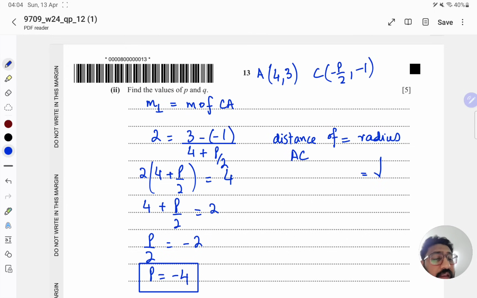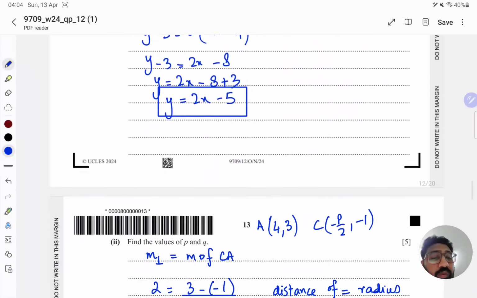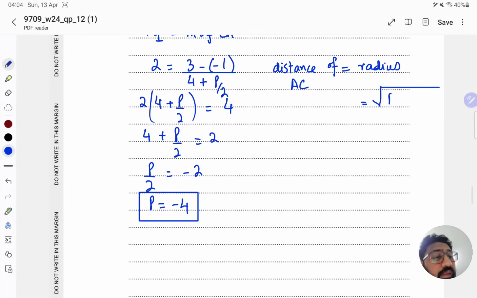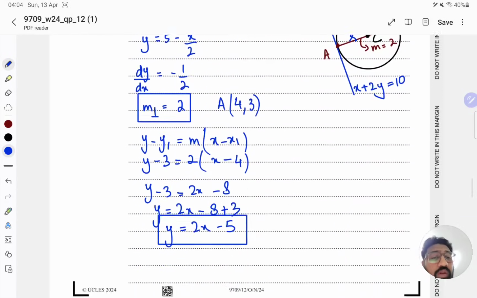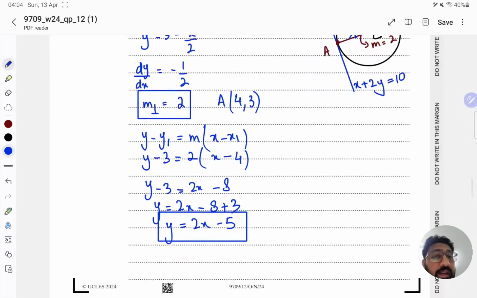If I write down the radius, it will be square root of p square by 4 plus q, no, minus q plus 1. Let me recheck.